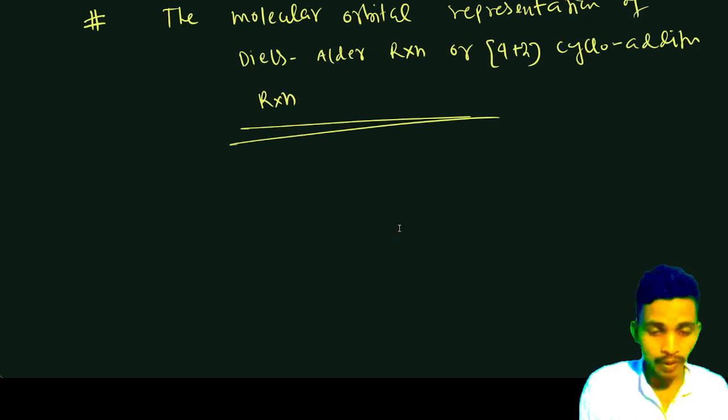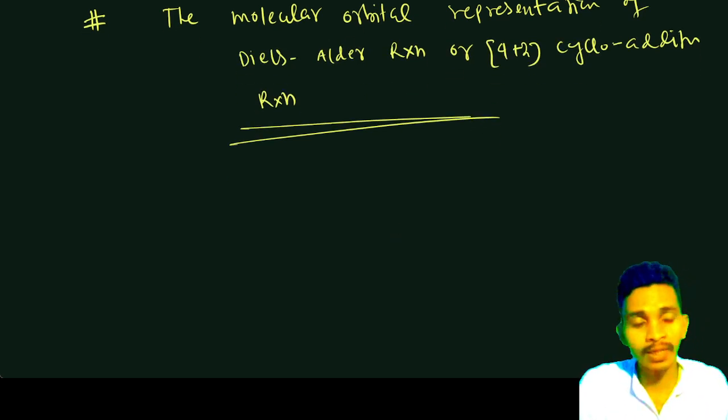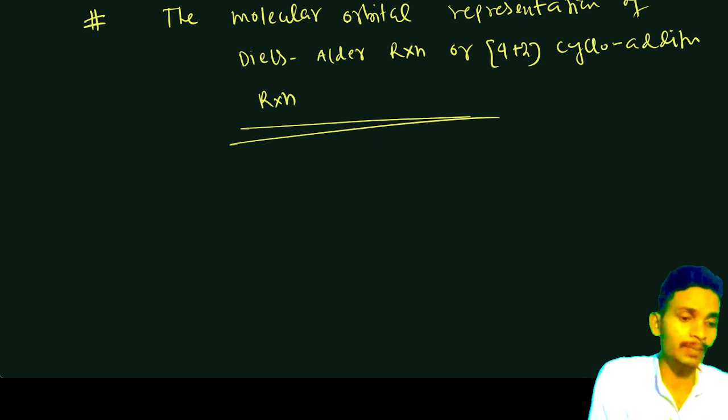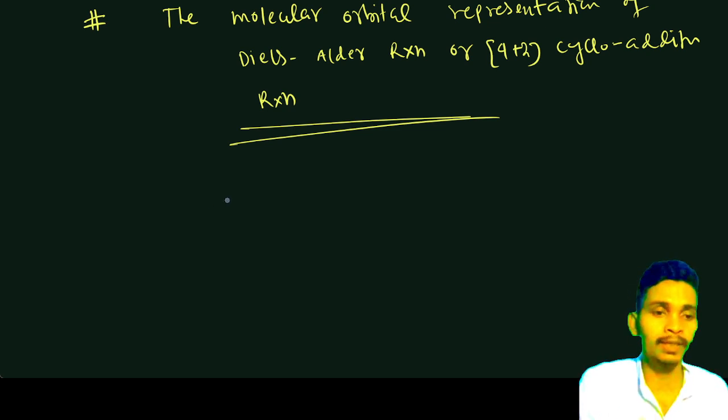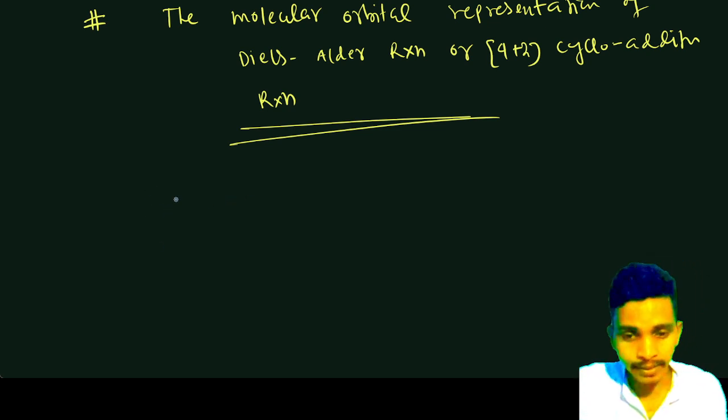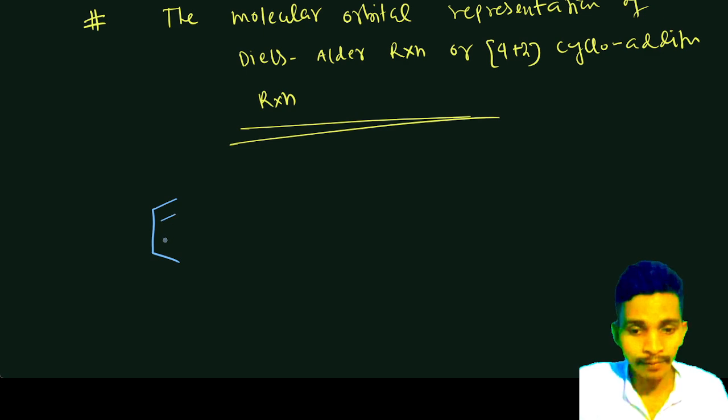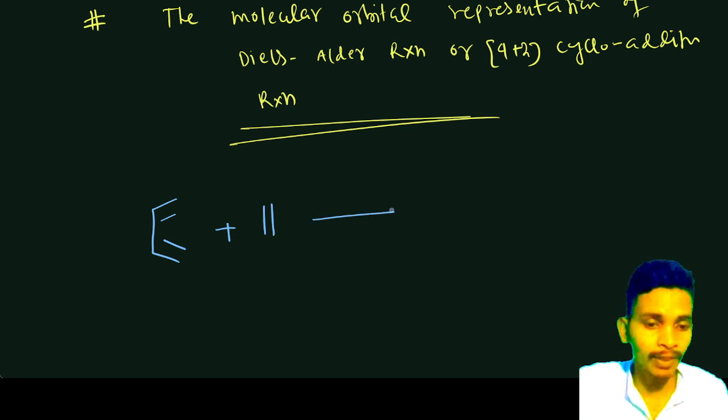We know that two substrates are there, and if you give heat, then we will get the Diels-Alder reaction product. Let's say we have these substrates, dienes and dienophiles.